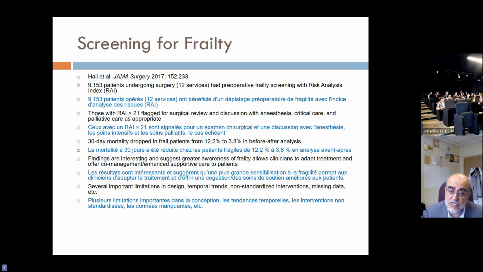And these findings are interesting because they suggest that a greater awareness of frailty allows clinicians to adapt treatment and offer different types of co-management and enhanced supportive care that may help patients and reduce important outcomes like mortality.